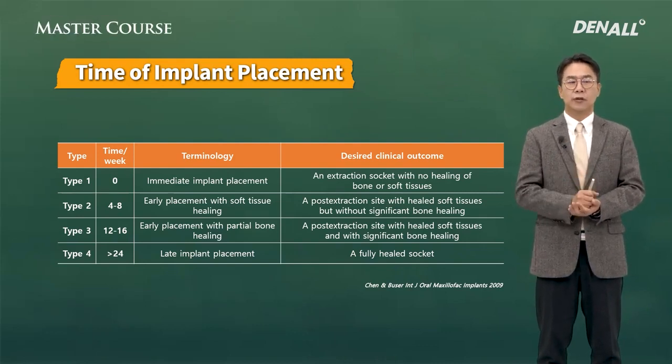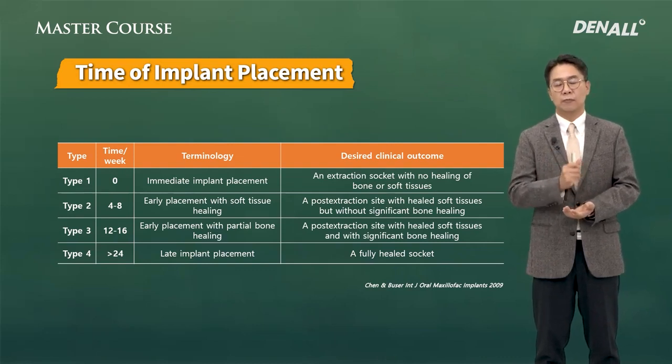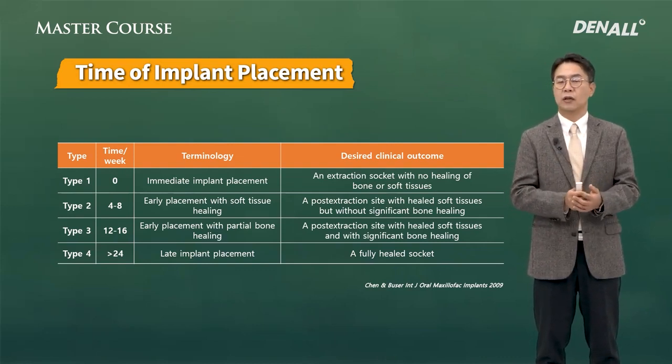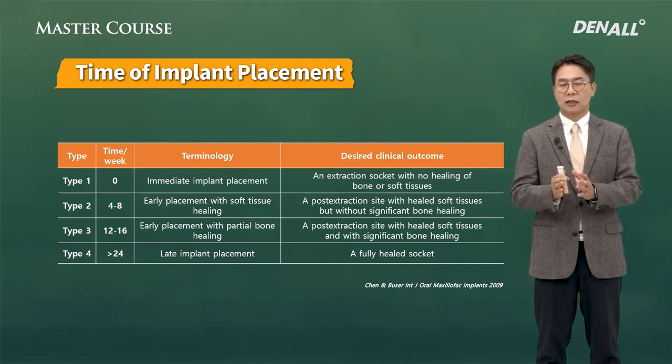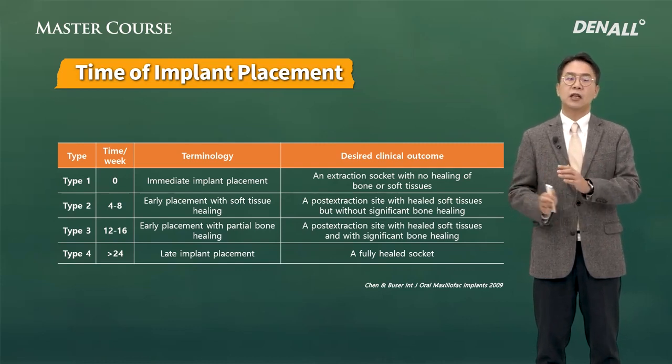Is it going to be an immediate placement or is it after extraction? Type 1, 2, 3, and 4 are the types. Type 1 is immediate implant placement. Type 2, 3, and 4 depend on the healing period after extraction.